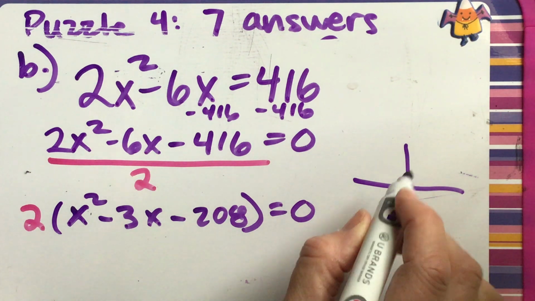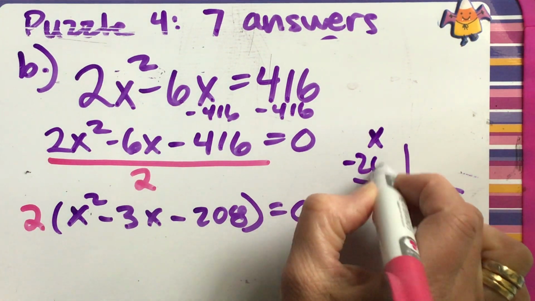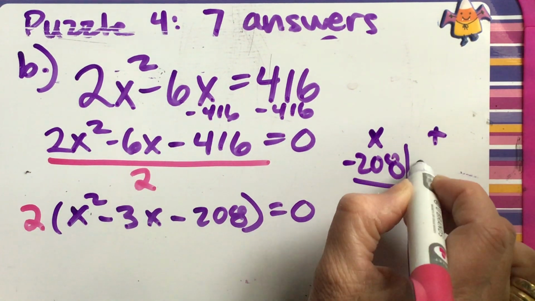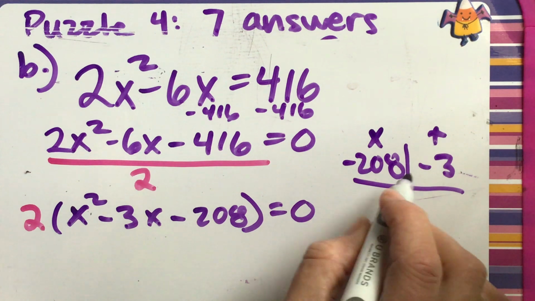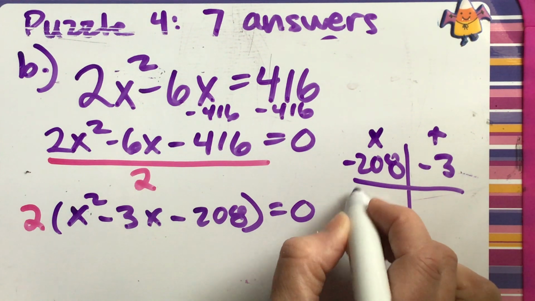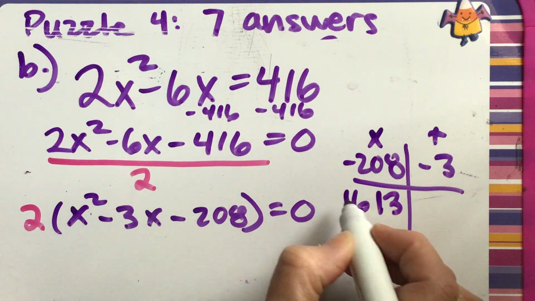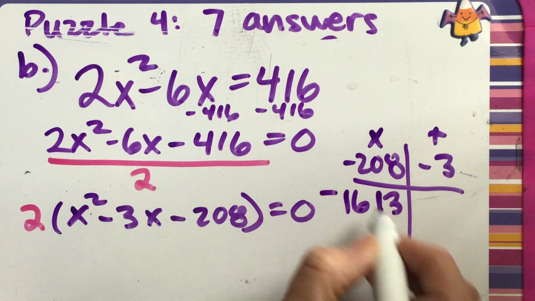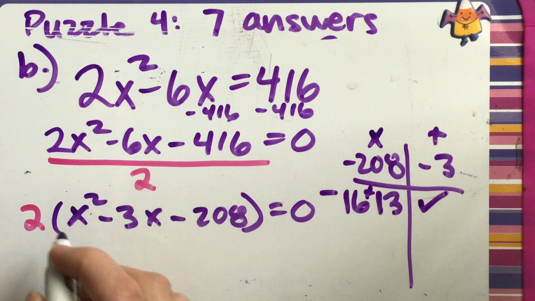I did that because I did not sit here and factor everything out. When I Googled it, I ended up with lots of factors. One has to be negative, one has to be positive, and the dark side wins. So negative 16 and 13 combine to negative 3. So those are my 2 factors.